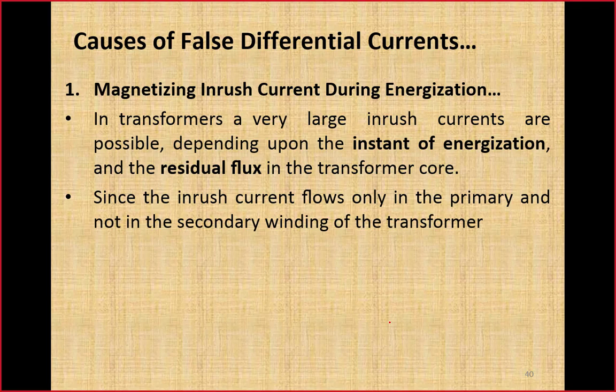Due to this, the differential relay will trip for this fault. It has very high magnitude as well as it exists only on one side of the transformer winding. That is similar to the situation when a fault occurs inside the zone of protection of a transformer differential. Current exists only in one CT. So due to this reason, there is a possibility that the transformer differential will trip the transformer at the time of energization.